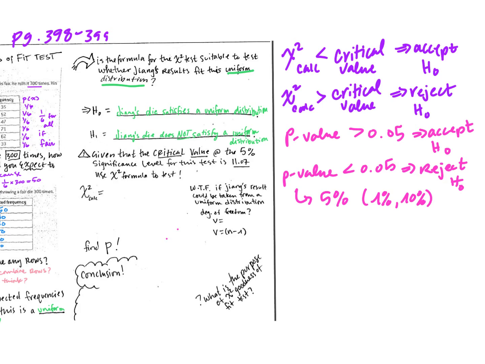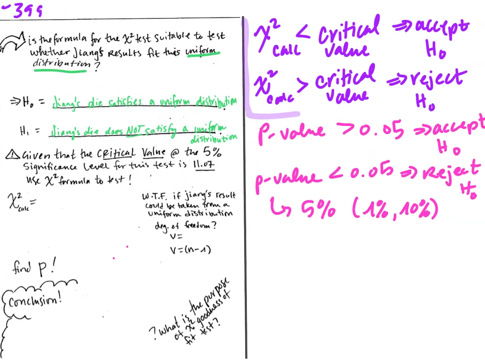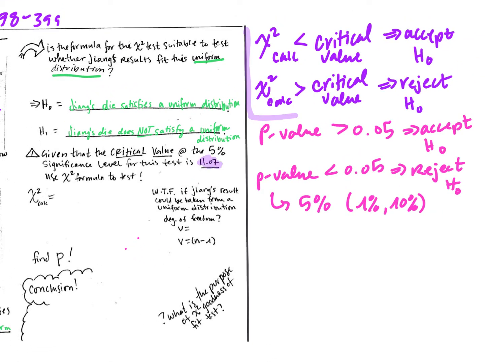We are using the chi-square, like this one. And so I'm going to move it over here. So we're given a significance level for this test of 11.07, specific to this example. And when you enter this all in, you get, I promise you, so again, this is 5%, you get 22.24.